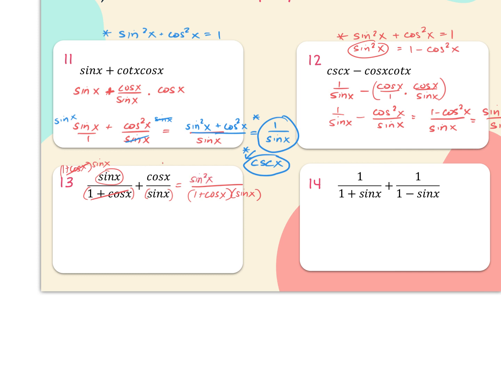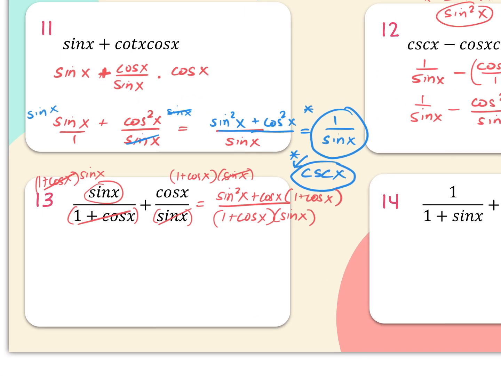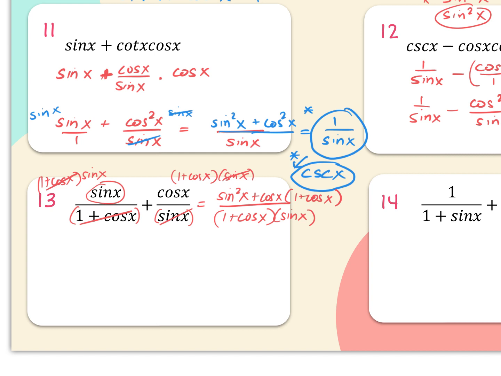When I do the same thing to the other side, right, times sine of x, I know my sines will cancel, leaving me with cosine of x times 1 plus cosine of x. Okay, so I'm going to have that expression. So right now, this is looking pretty convoluted, but what I'm going to do is kind of what I know how to do.